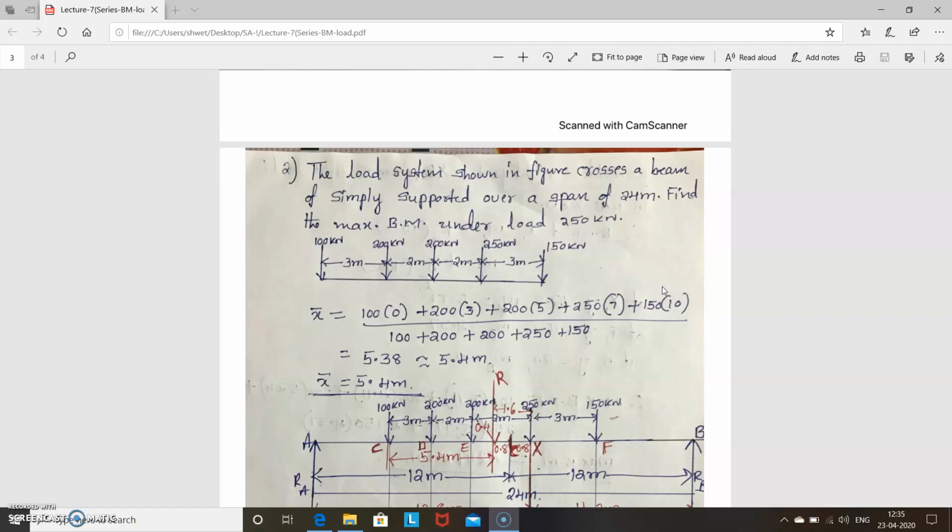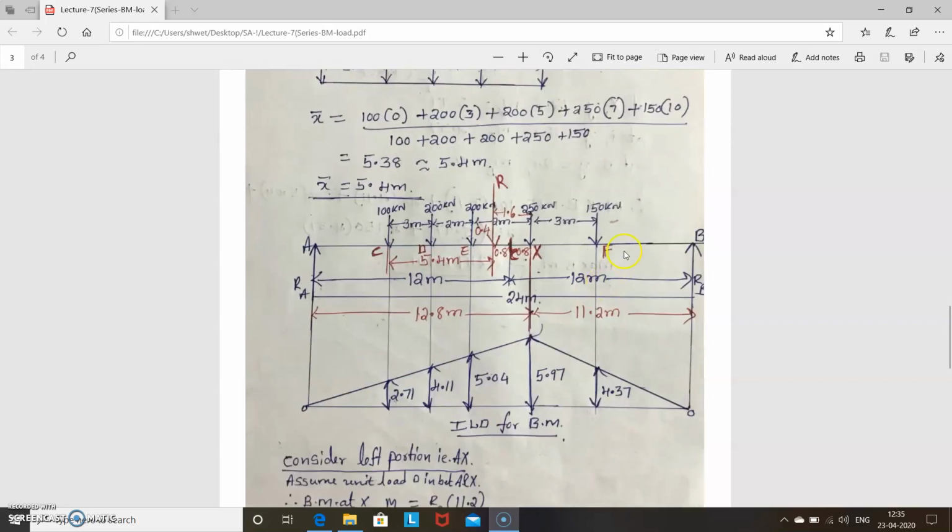But second case is the load will be given, you have to find the section, what distance that load lies from the left end support. So once you get that, then the method is same. You have to draw ILD. That procedure of drawing ILD is same in all the cases. So the main thing is you have to find this distance. That's it. Once you get this, then directly multiply all the loads with the corresponding ordinates.